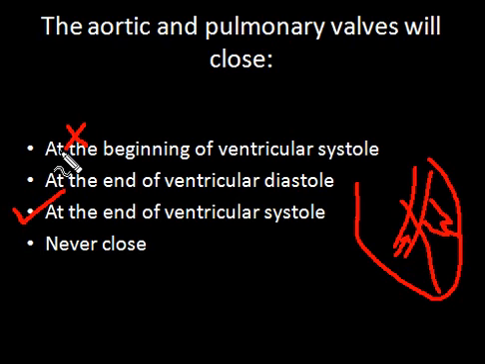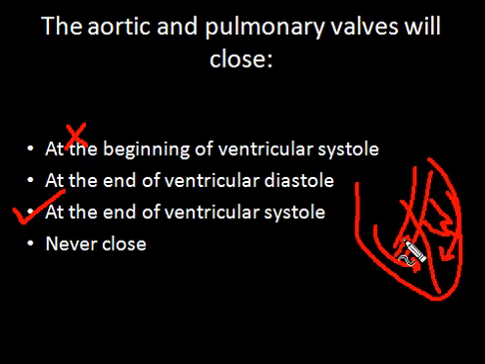Now, the second choice, which is at the end of ventricular diastole: there is no point in these valves closing after the ventricles fill with blood. So let's say the blood has come from the atria into the ventricles, and now the ventricles have finished relaxing, which is the end of ventricular diastole. At this point the ventricles will begin to contract, so systole will start.